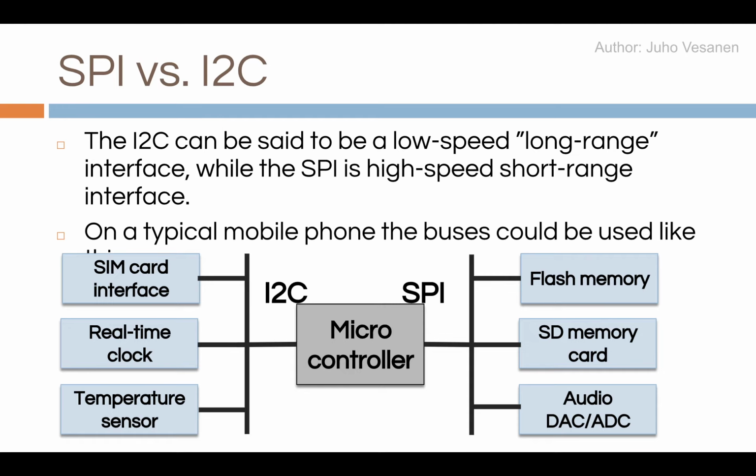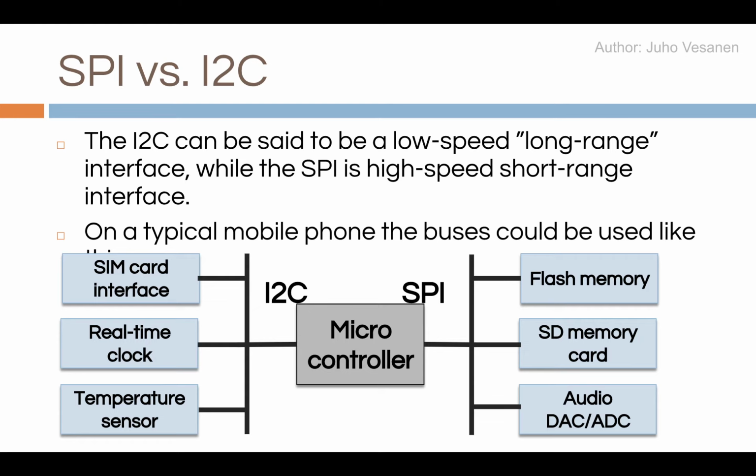So the SIM card actually uses the I2C bus. A real-time clock, yeah, you once in a while go and check the time. And then, for example, temperature sensors. A temperature sensor is quite typical for low speed, since usually you don't need to measure the temperature at a high sampling rate.